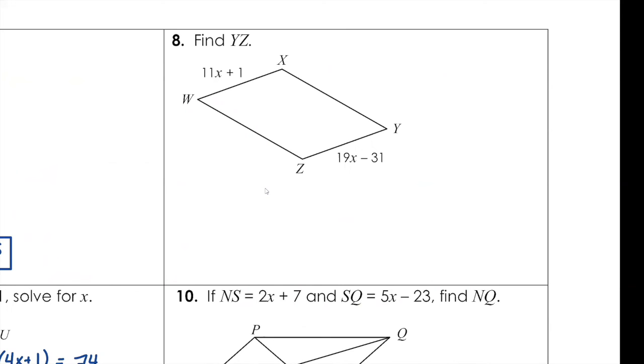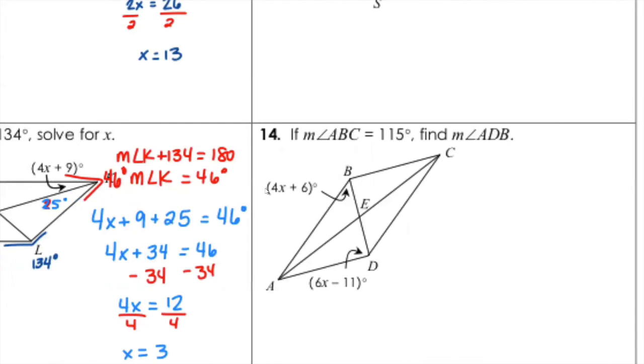Find YZ. What do we know is true about parallelograms? They are parallel, which means that their opposite sides are and congruent. So because this is a parallelogram, my opposite sides are congruent. And if my opposite sides are congruent, what can I do to allow me to solve for x? Set them equal to each other.